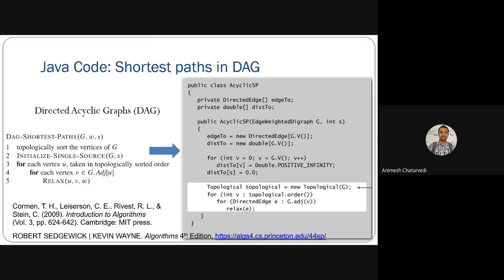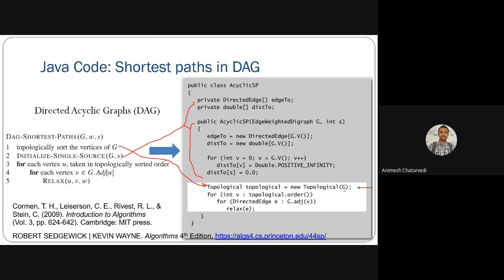Next, this directed acyclic graph. In the directed acyclic graph, you do the topological sort. You just call that topological sort function or class directly over that graph G, and then you have to do the initialization. So initialization was done over here and here as well.